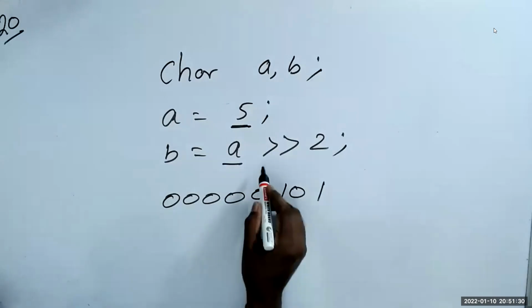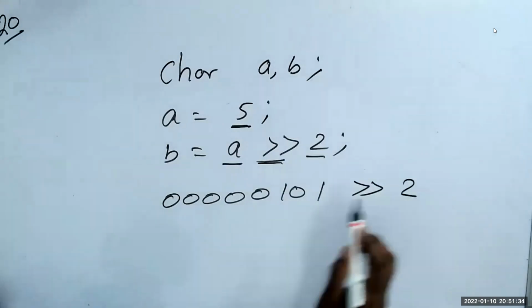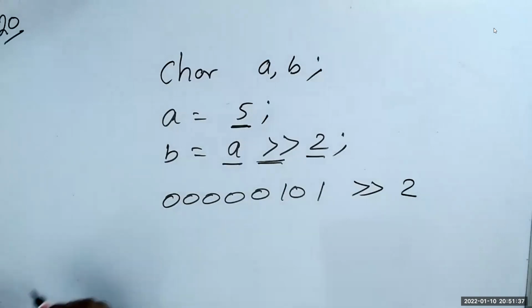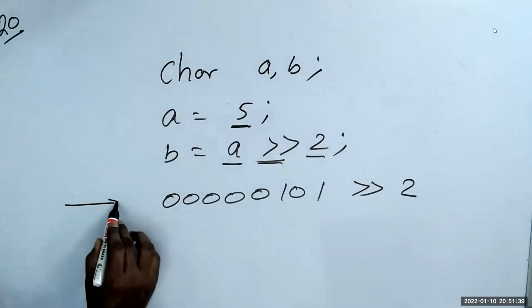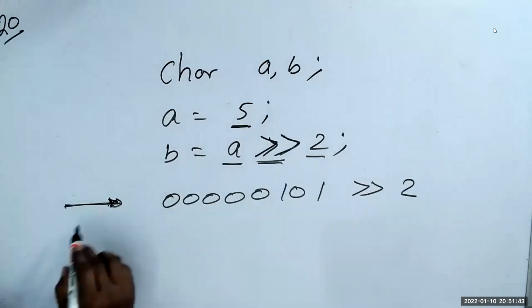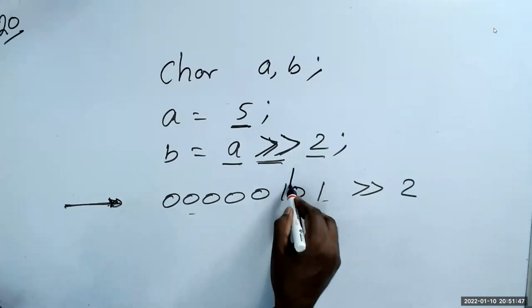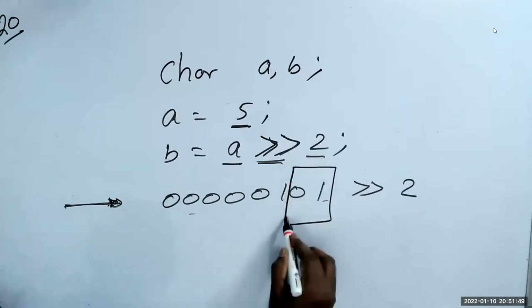Now I do right shift by 2 times. That means I am pushing from the left to the right, in this direction. How many bits? 2 bits. That means once the 2 bits get out, they're gone.